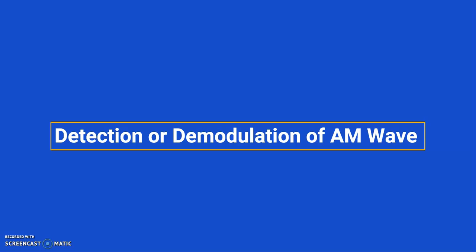So in the previous videos of the amplitude modulation, we understood what is AM and how the AM signal can be generated using two methods. One is the square law modulator, and the second one is the switching modulator.